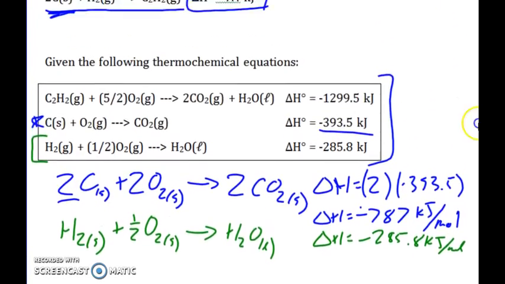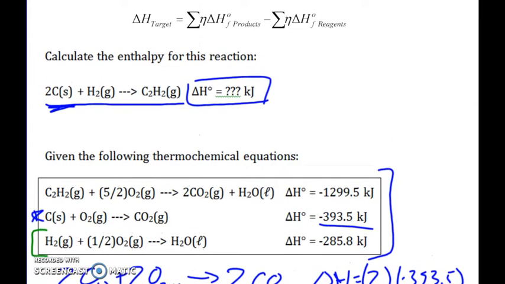Now what we need on the right hand side is C2H2. If we take a look at this, we can see that reaction occurs right here. But in this case we're going to have to reverse it.